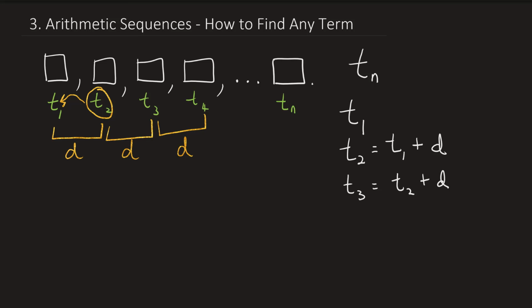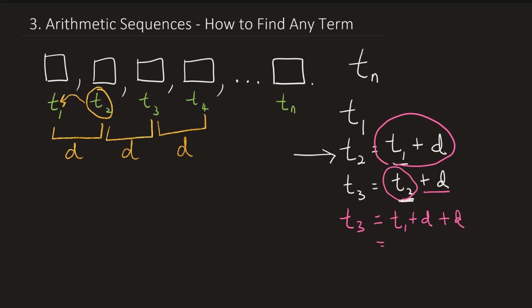Now, what I'm going to do is rewrite T2 in terms of T1, and I can do this using this formula. So I'm going to write that T3 is equal to, instead of T2, I'm going to put this in. So T3 is equal to T1 plus D, and let's not forget to add on this D here.